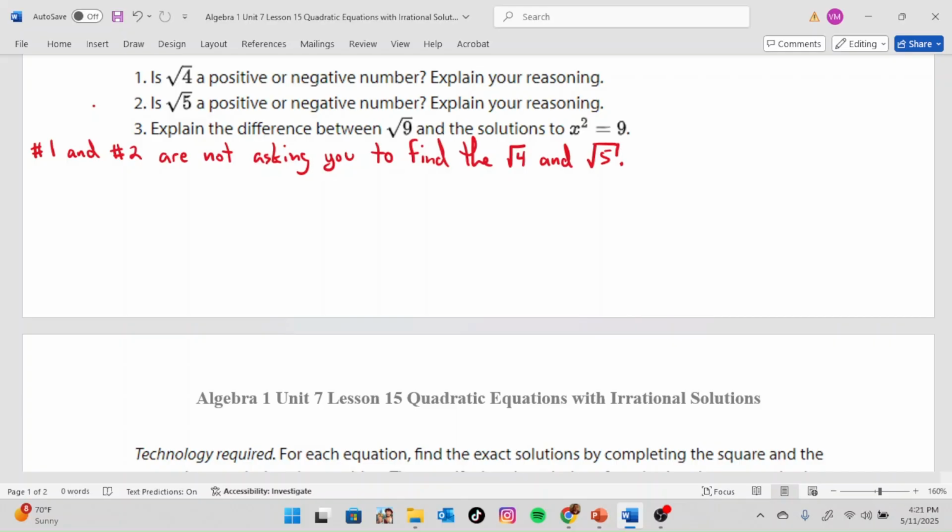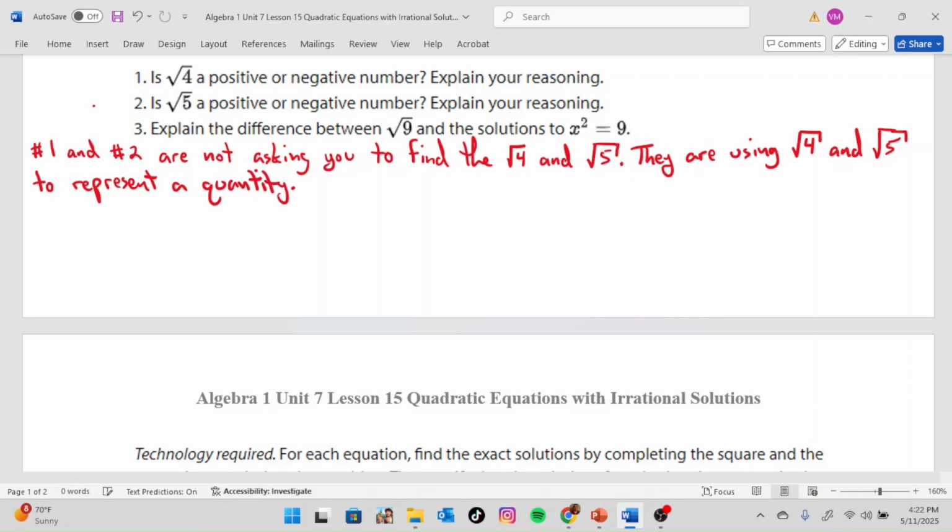They are simply representing a quantity with these numbers. So when all we're doing is using a radical to represent a quantity, it is understood that we are talking about the positive.